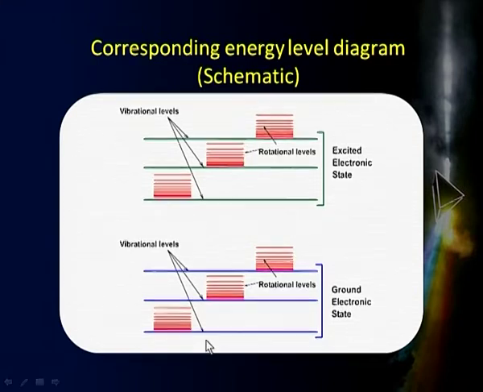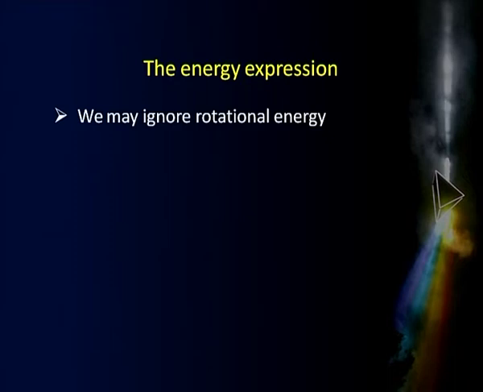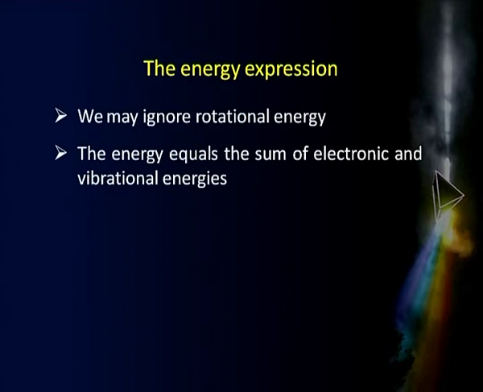Now, let us see how this translates into the energy expression which we are trying to look at. If we ignore the rotation energy, which happens to be very tiny as compared to electronic energies, we can write the total energy to be equal to the sum of electronic and vibration energies.